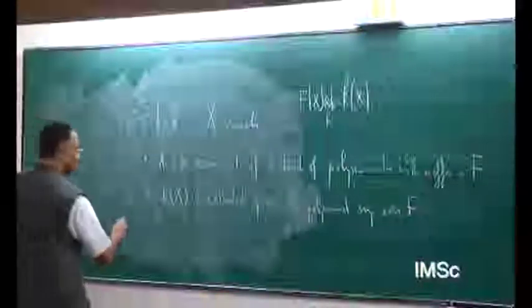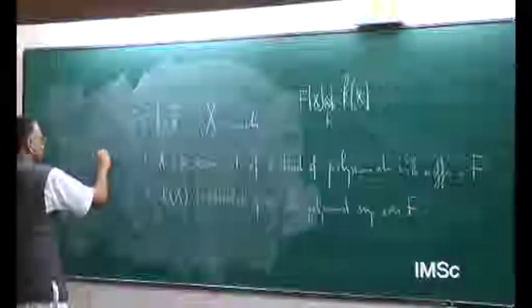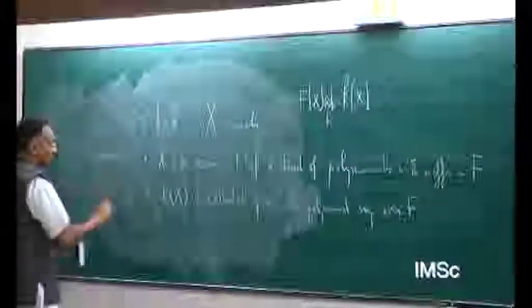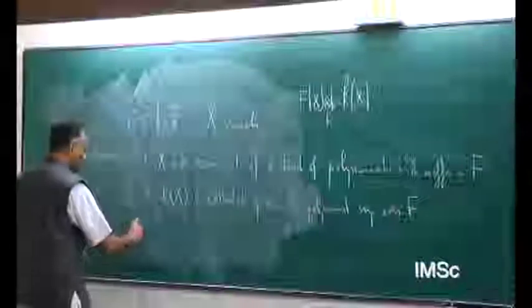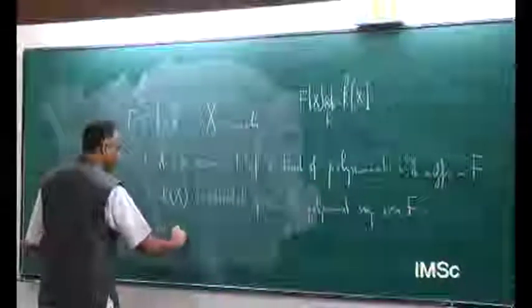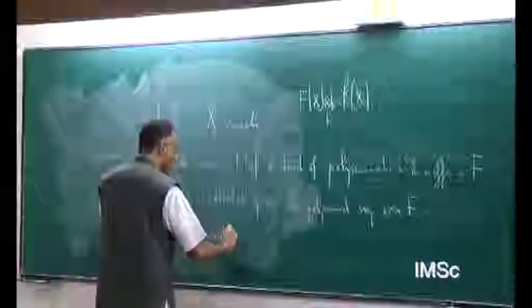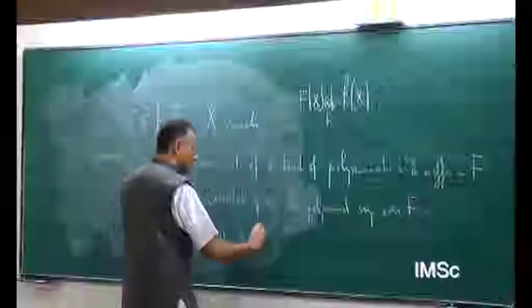Okay. Now the thing is that these two are equal. So we are considering these two conditions, 1 and 2, right? The claim is that these two are equivalent when F is perfect.